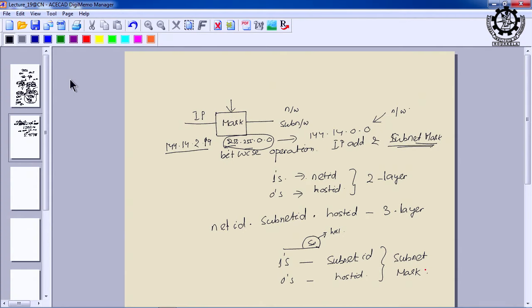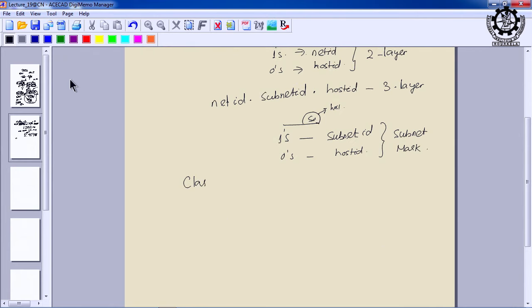Let us take an example, we will see how it happens. Let us say we take a class A organization. Class A organization, what is the structure? The first 1 byte is the net ID, then the rest of the bytes are the host ID, right?